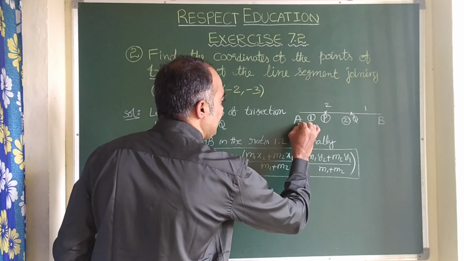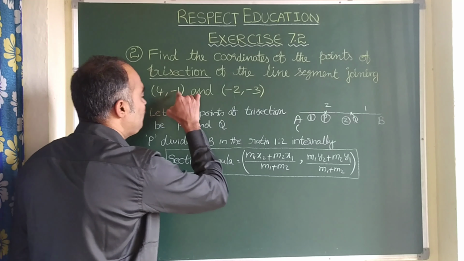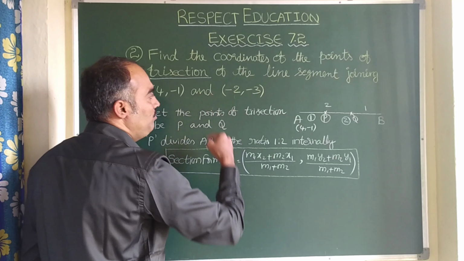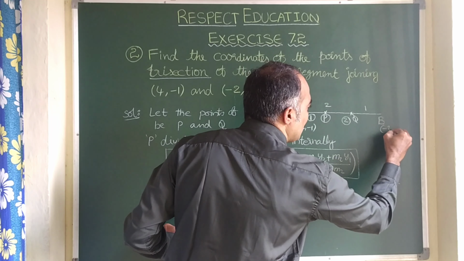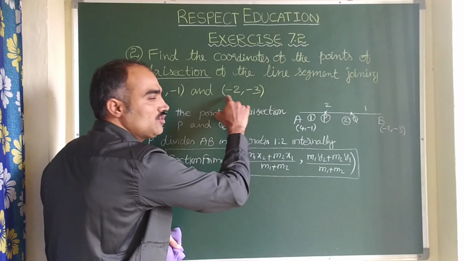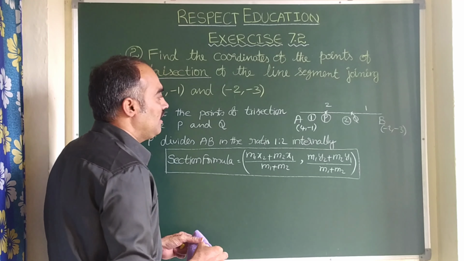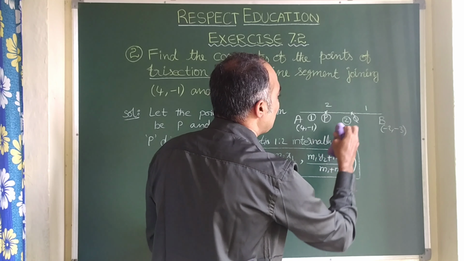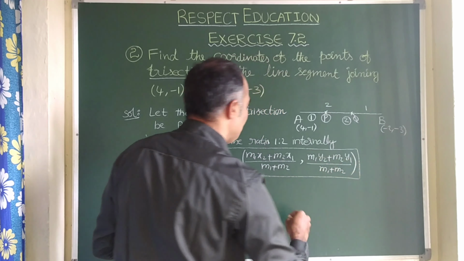Here we can take A as the given first value, 4, minus 1, and B as minus 2, minus 3. After finding P, we will find Q. So as not to get confused, here we will draw.